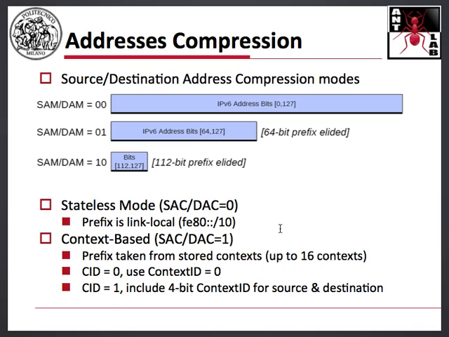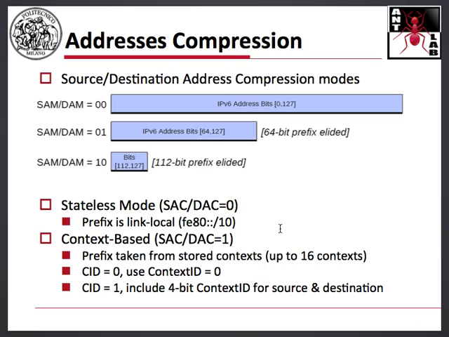So you're just removing the first 64 bits, okay, and leaving only the remaining interface ID bits in the header of the IPv6 packet. If SEM and DEM have a value of 2, so 1, 0, it means that you are eliding more, so you are eliding 112 bits. So you are taking away from the header field the first 112 bits. Okay.